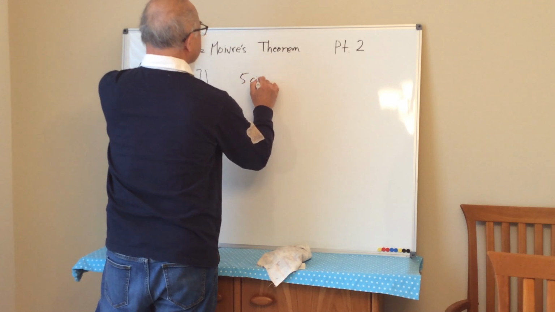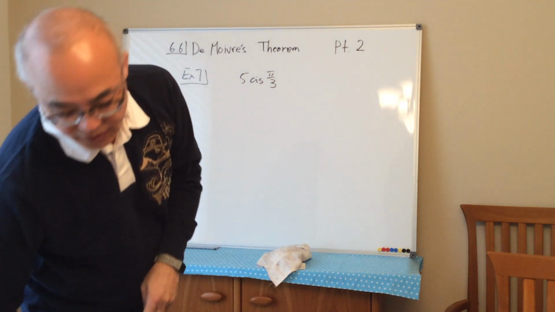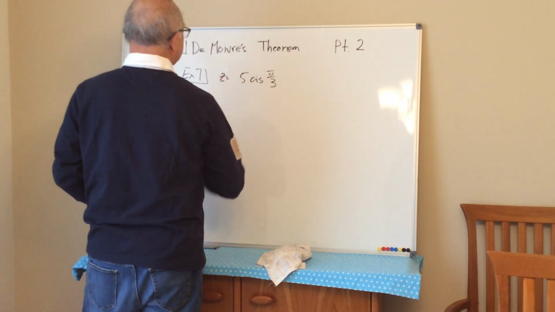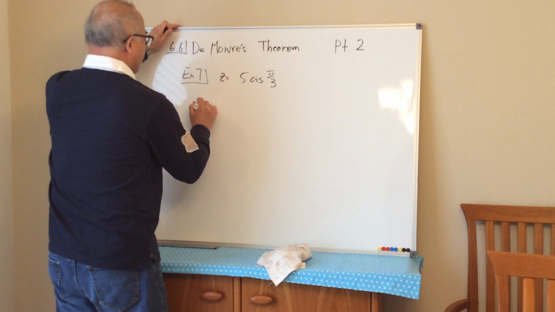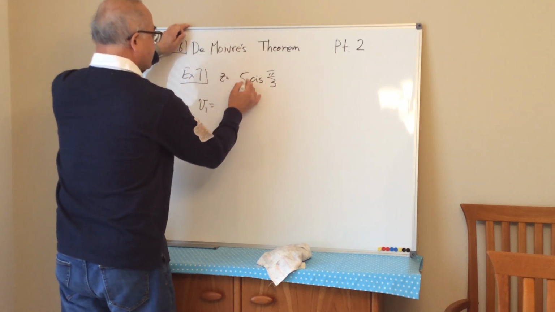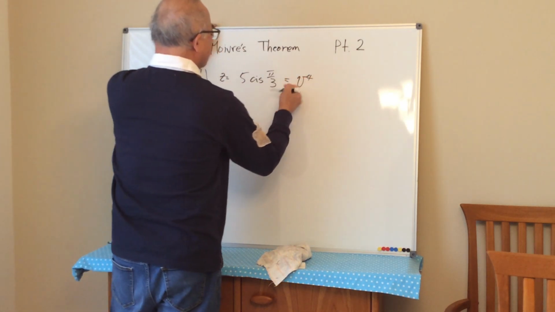So I'm trying to find the fourth root of this. My roots are going to be what? V to the fourth is going to be equal to this.